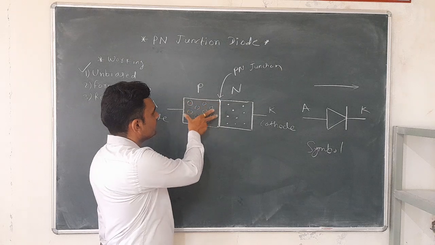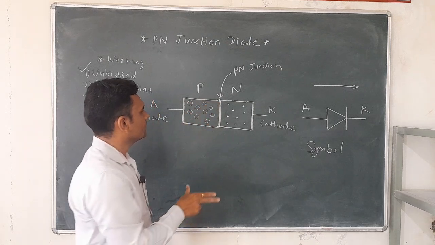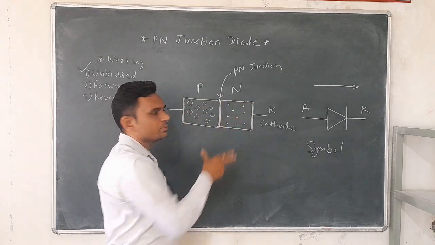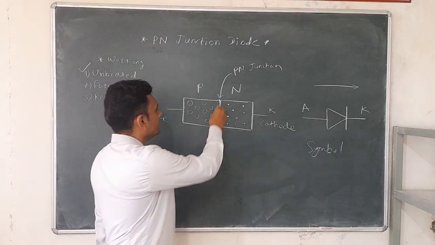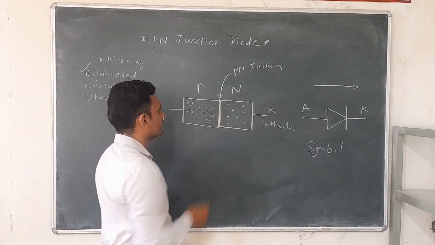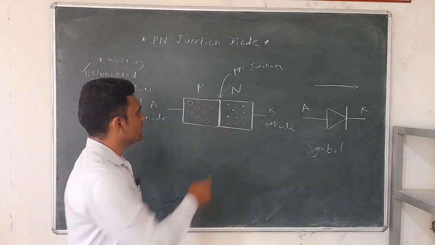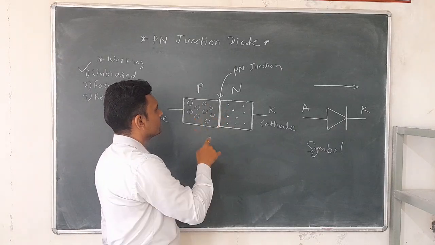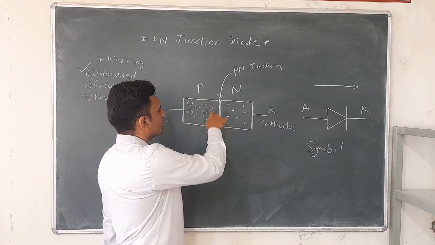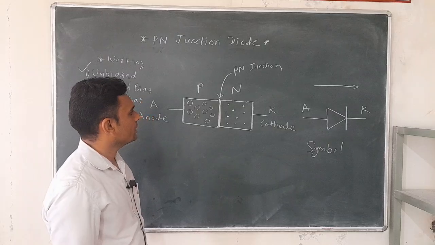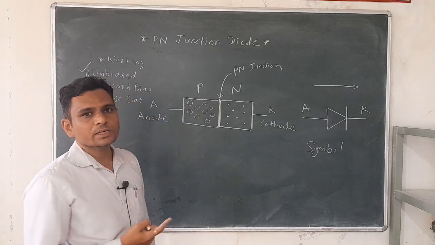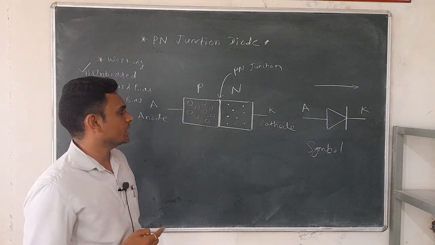As soon as p-type semiconductor is joined to n-type semiconductor, charge carriers move across the junction, that is, electrons and holes cross the junction and move from the high concentration region to the low concentration region.